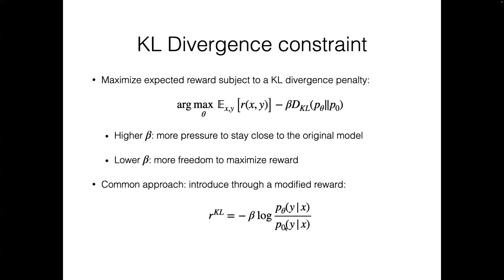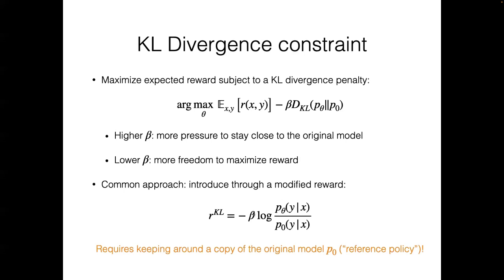And then down here you have your original model and the output probability that it's generated. So you could see here that if this starts to get far away from this one, then the penalty will increase. And so it's basically penalizing the model for assigning probabilities that differ from the original model.